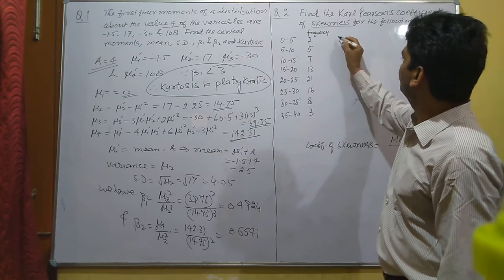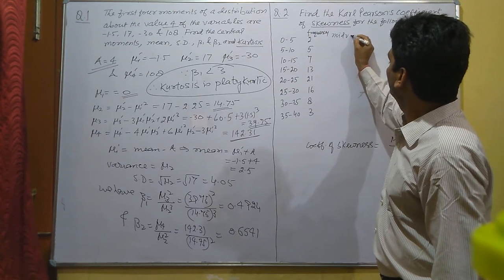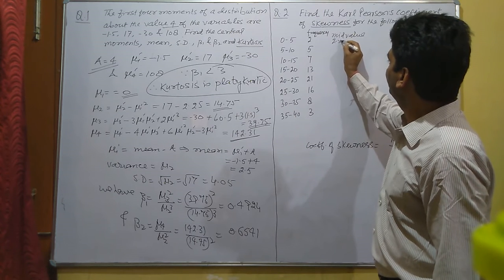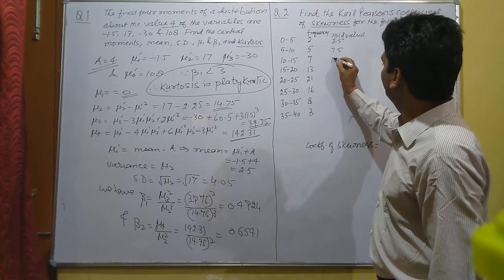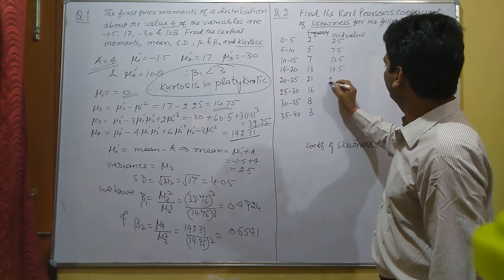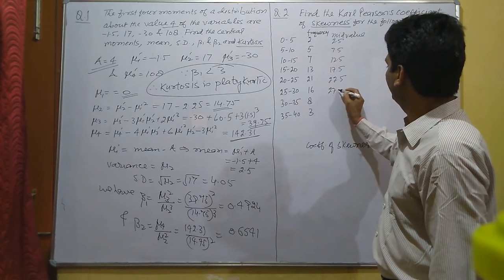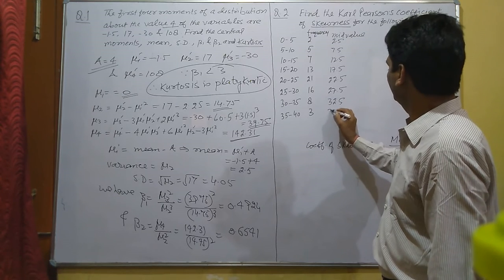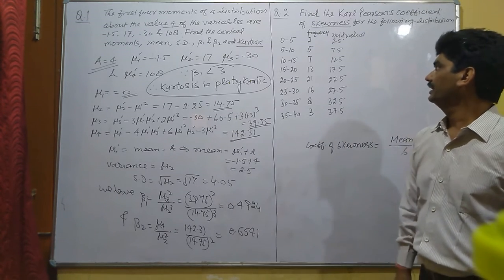For which we have first the mid values. This is 2.5, 7.5 and 12.5, 17.5, 22.5 and 27.5, 32.5, 37.5. These are mid values.